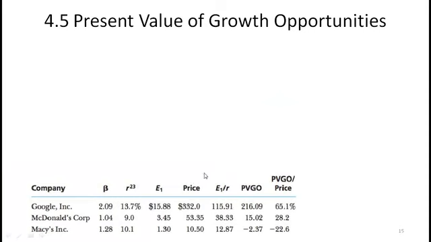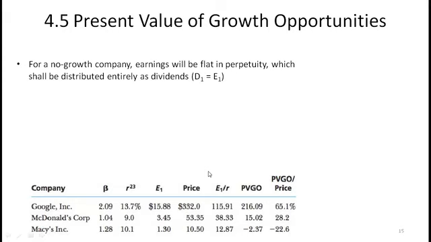Now, probably the first new concept of the day: the present value of growth opportunities. The way you can look at this is, for a no growth company, the earnings will be flat in perpetuity. If you know that growth is 0, then is it fair to say that all the earnings are paid out as dividends? So D1 is equal to E1.